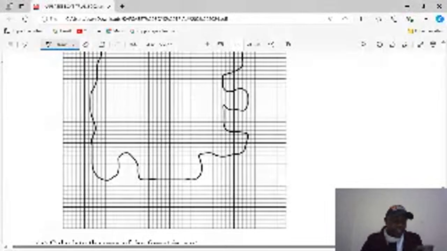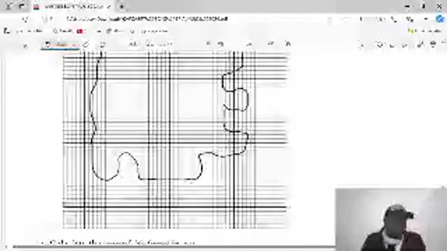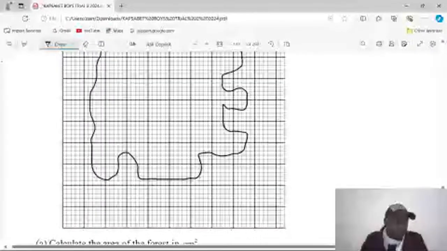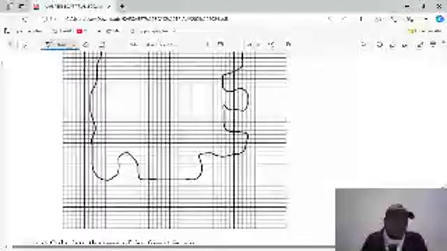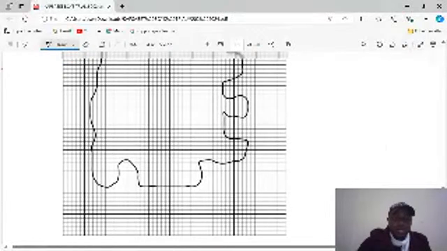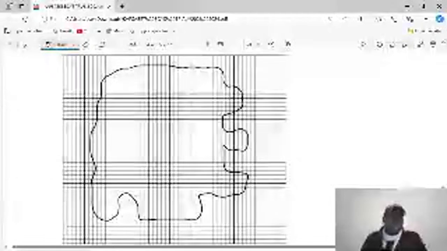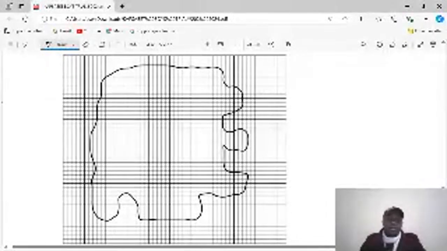I'm hoping that the screen is going to stabilize. Just the screen is getting better. But remember that for us, to get the area of such a figure, which is irregular, we first of all count.